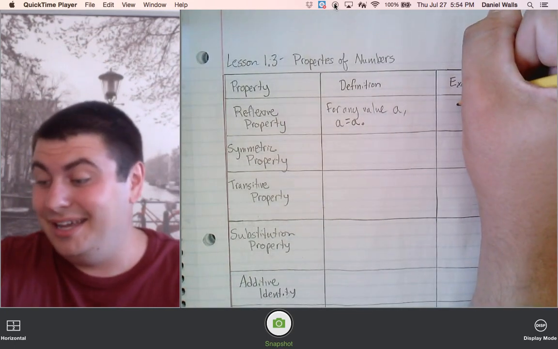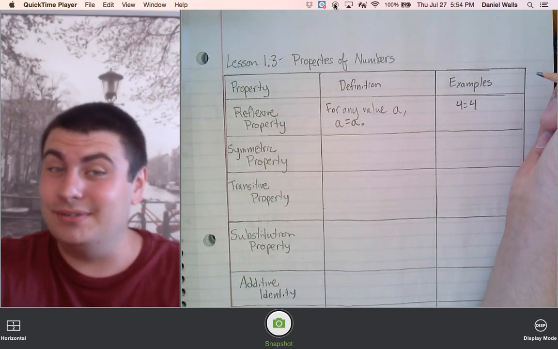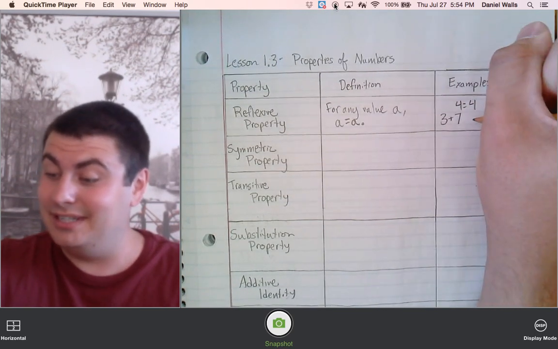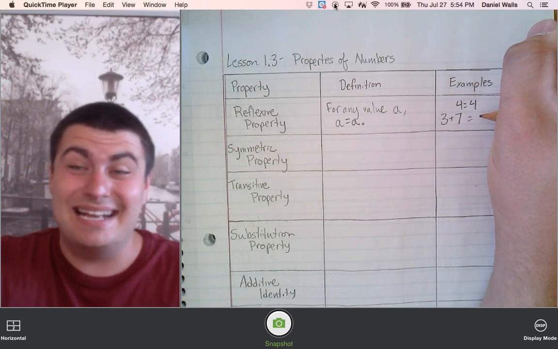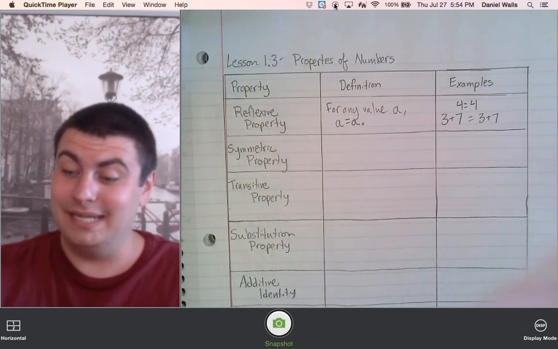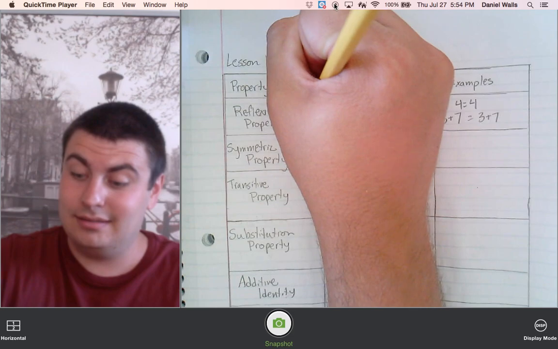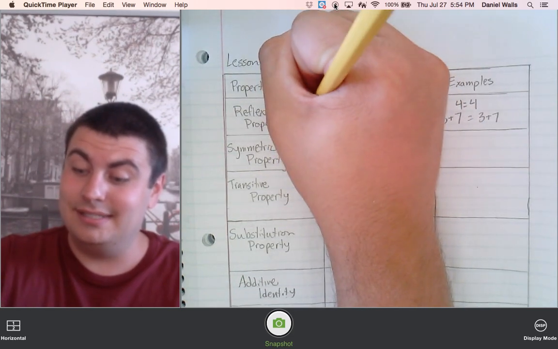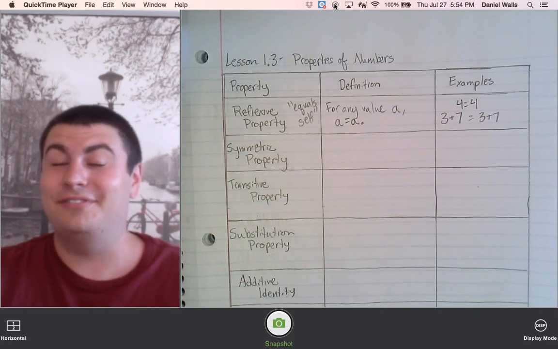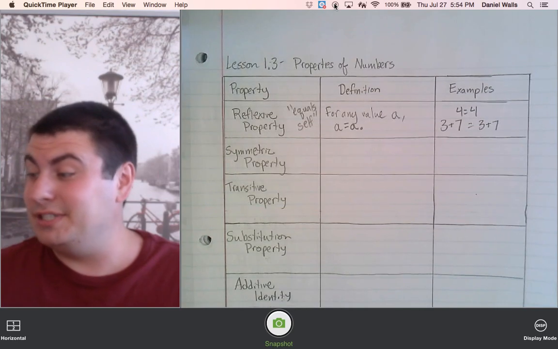So we could say 4 equals 4, but we can also say 3 plus 7 is equal to the exact same thing. It's equal to 3 plus 7. So we can think of the reflexive property as equals self. Reflexive property: for anything, a equals a. Pretty easy.